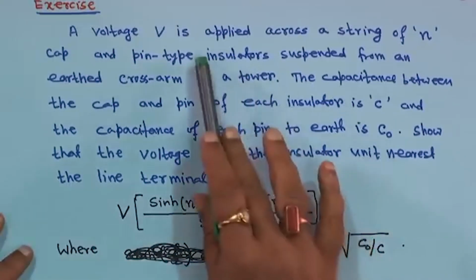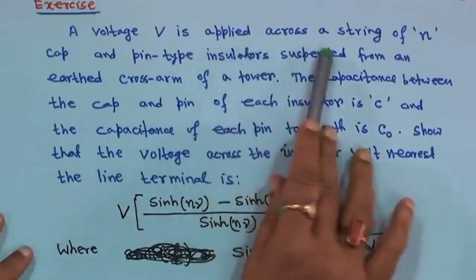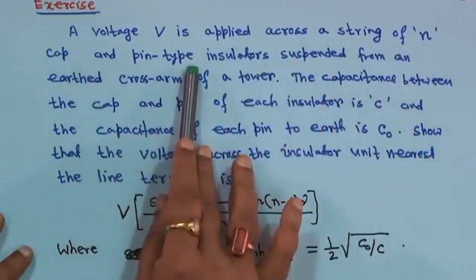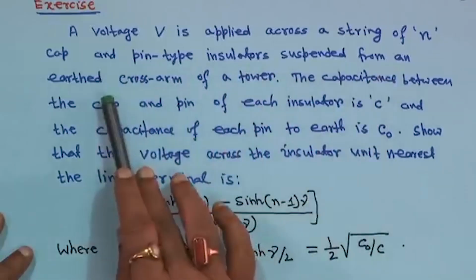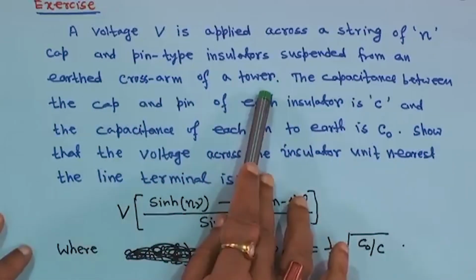For example, a voltage V is applied across a string of N cap and pin type insulators suspended from an earth cross arm of a tower.